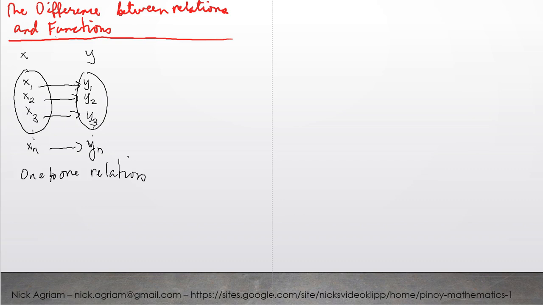And then if we have, let's say, still x sub 1, x sub 2, and x sub 3, and y sub 1, y sub 2, y sub 3, and x sub 1 and x sub 2 go to y sub 1, and then x sub 2 and x sub 3 go to y sub 2, and then y sub 3 and y sub 1 go to y sub 3, and so on.